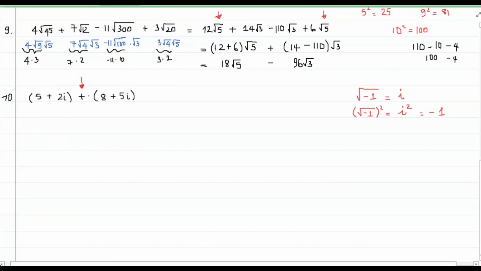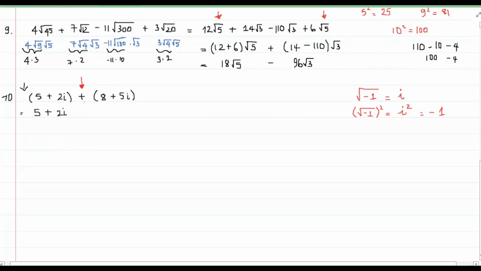So we just have to first get rid of the parentheses, right? So in front of the 5 plus 2i, nothing means the sign is positive. So that will keep the same. Equal 5 plus 2i.